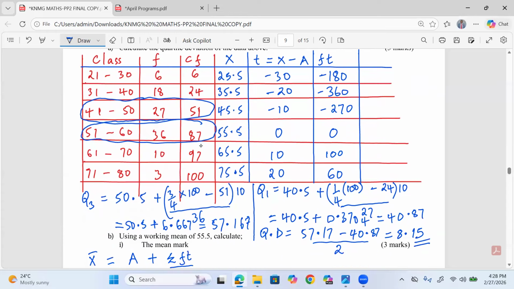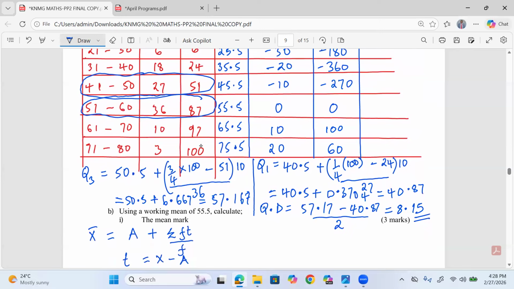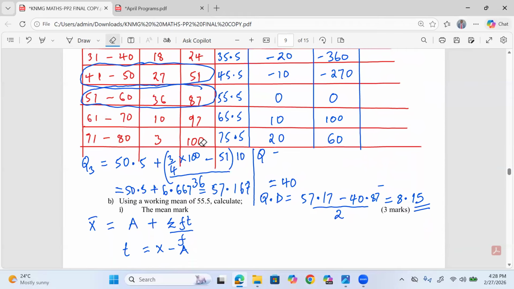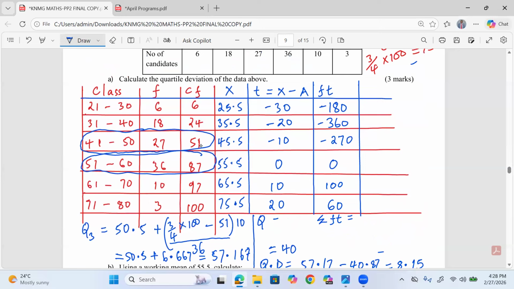So we can get the sum of all the deviations now. Allow me to rub this one because we've already worked it out. So the summation of all the ft, what will this give us? I'm having negative 180, negative 360, negative 270, then positive 100 and positive 60.